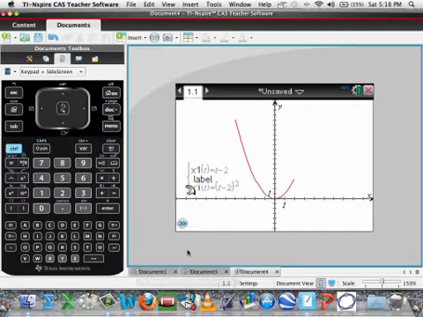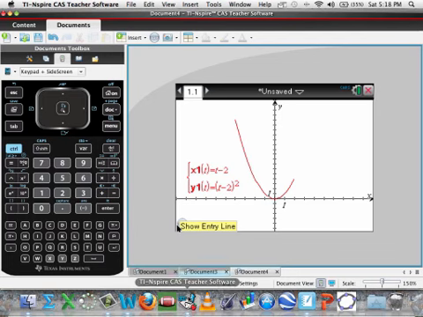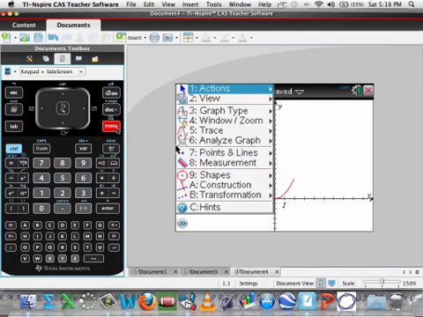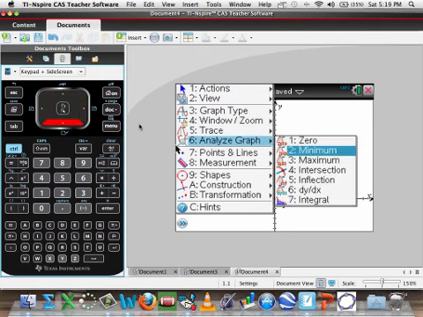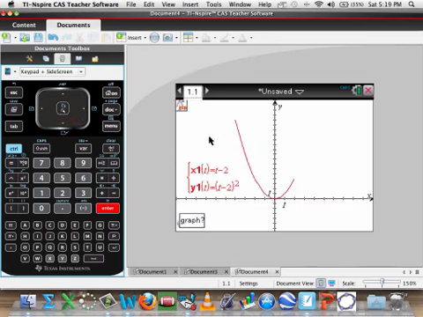Now, if we go back to the calculator real quick, there are some things I want you to notice that are potentially unfortunate, but they are what they are. If we go to our analyze graph choices, for example, if we choose minimum, it asks what graph you want to use, and we can't click on this graph. So we can't do any of the normal things we do in the graphing screen with a parametric function.